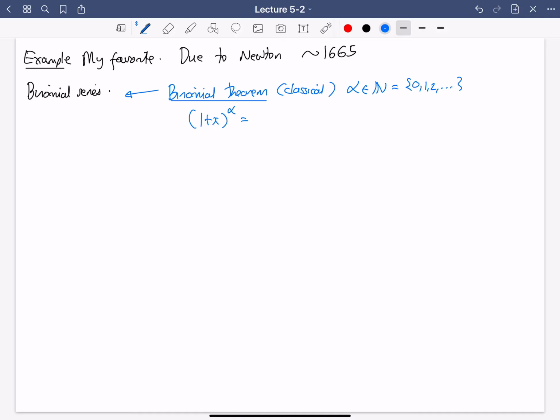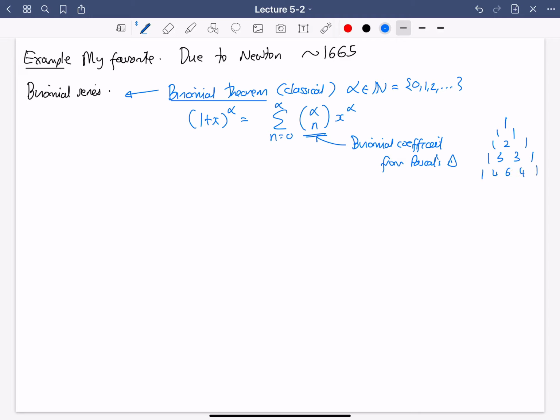And it tells you it's the sum as n goes from 0 to alpha of alpha choose n, x to the n, where alpha choose n here is the binomial coefficient. From Pascal's triangle. Right, so these are the numbers. I'm not ever telling you this quite precisely enough, but this is something that I'm sure you've seen.